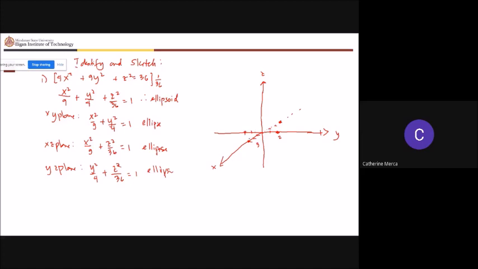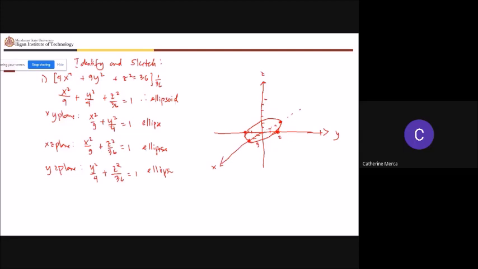Let's draw the ellipse. In the xy plane, you can draw this ellipse. In the xz plane, x is 3 and z is 6: 1, 2, 3, 4, 5, 6.